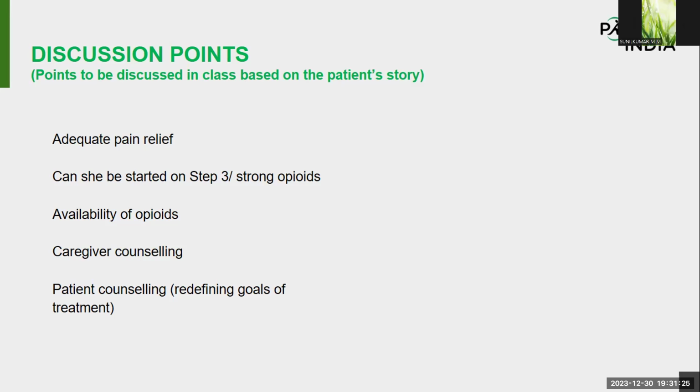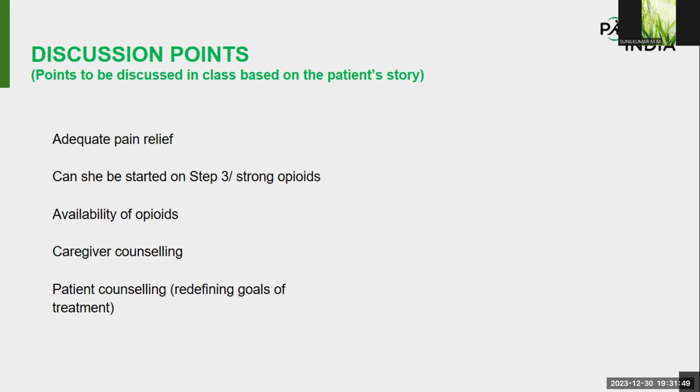So maybe there would be many patients who would be going for many types of treatment. But if somebody comes to us, then only we can intervene, isn't it? Otherwise, it would not be possible from our side to intervene, because they might not be reaching us.